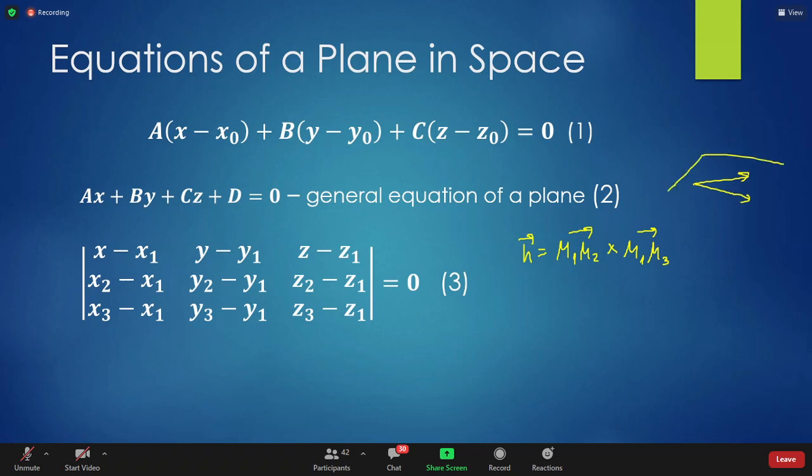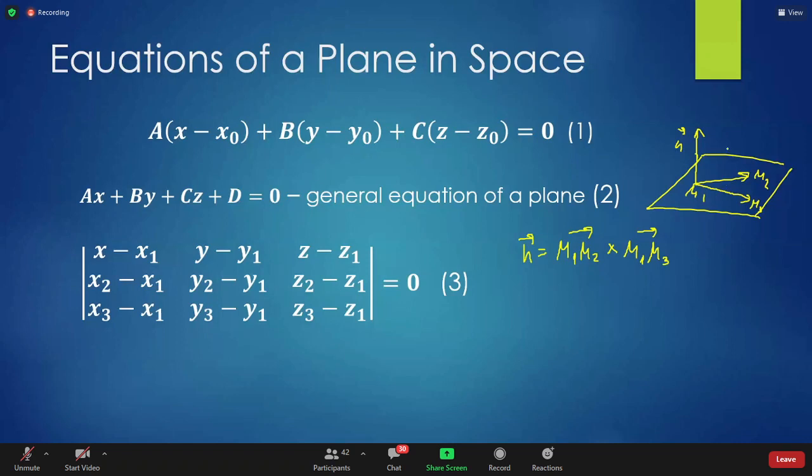If these are 3 points in the plane, then evidently the normal vector has to be perpendicular to both the two vectors in the plane.